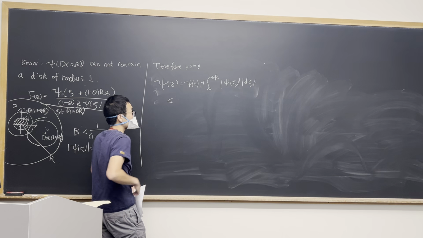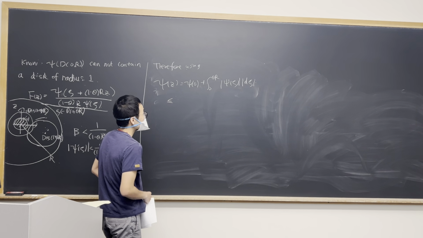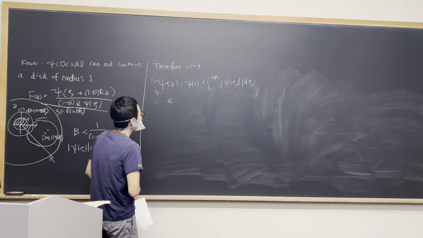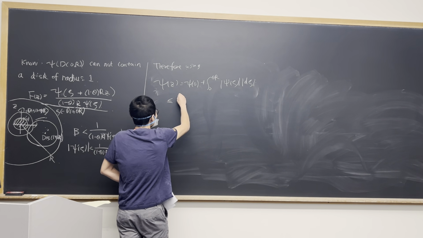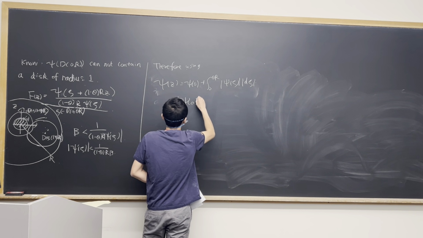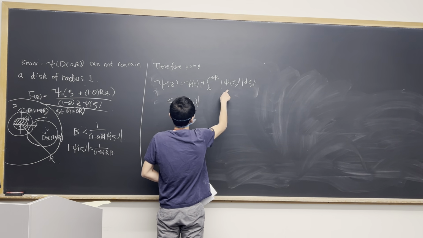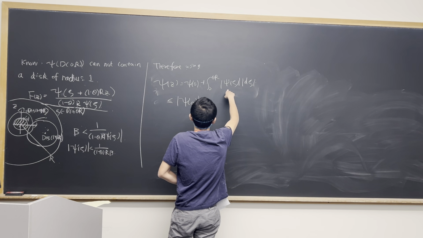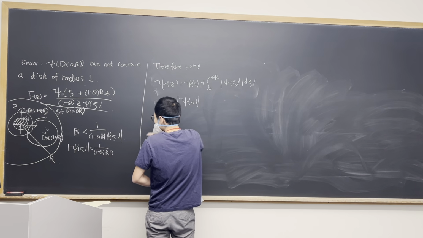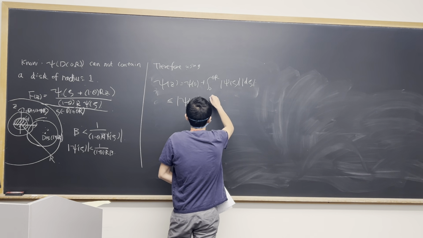And then you take the derivatives, and d theta. And then it's less than or equal to the modulus of d of 0. So we know that this guy is bounded, right?